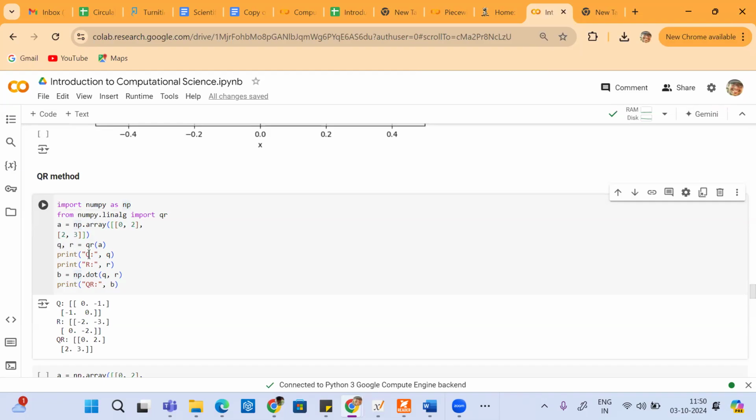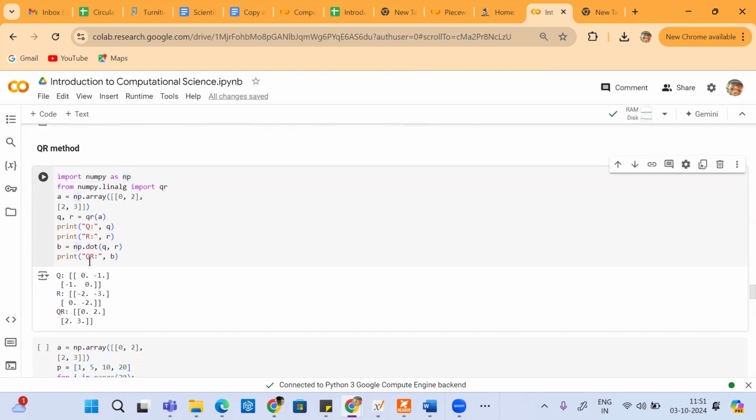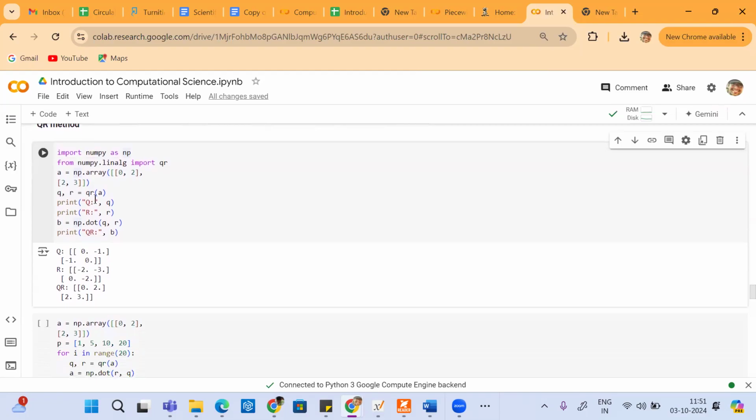Now I'm printing both Q, that is the orthogonal matrix, and R, that is the upper triangular matrix. Let us see what is happening. When you do qr of A, Python quickly gives you the decomposition, that is the orthogonal matrix and the upper triangular matrix. Check yourself. Can you see that this Q is in fact an orthogonal matrix?